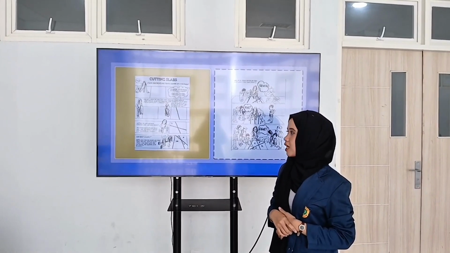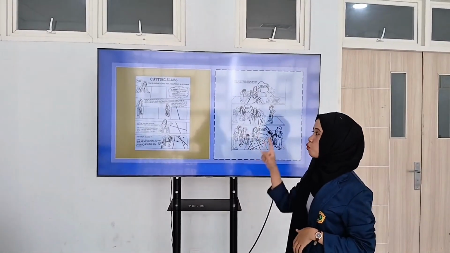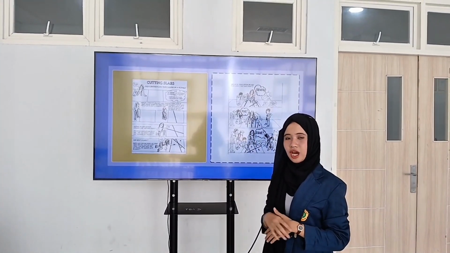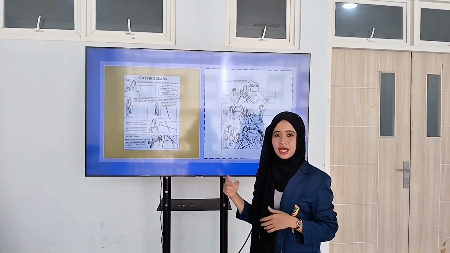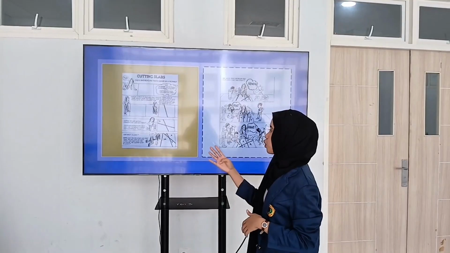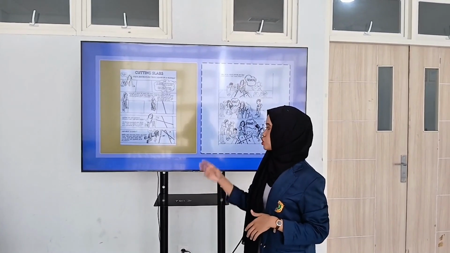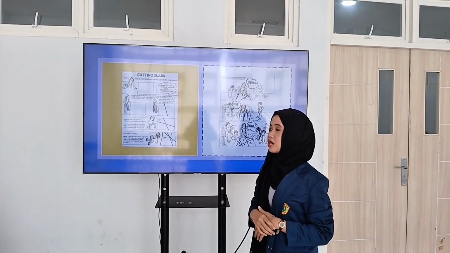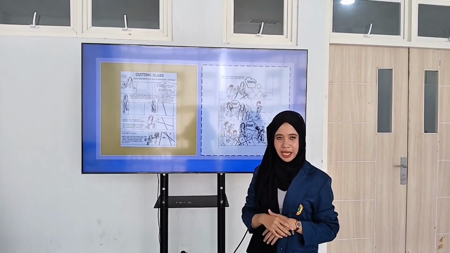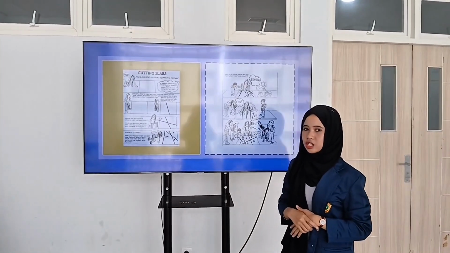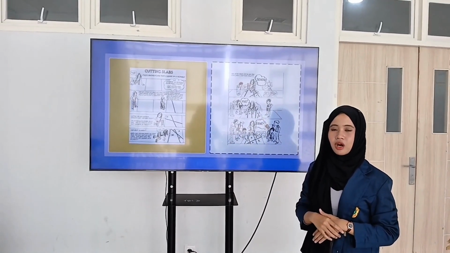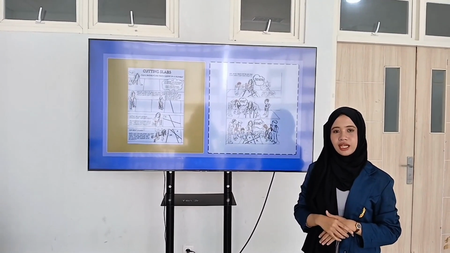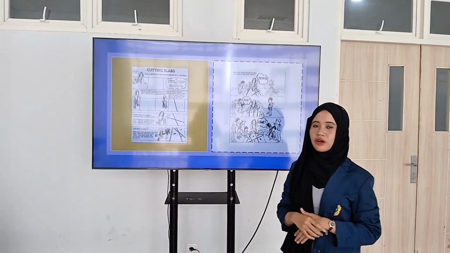For example, they draw one line and they get two pieces. Two lines, they get four pieces, and the last, three lines, and get five. With the calculation of cutting slab with different numbers of lines, we can get different numbers of pieces.